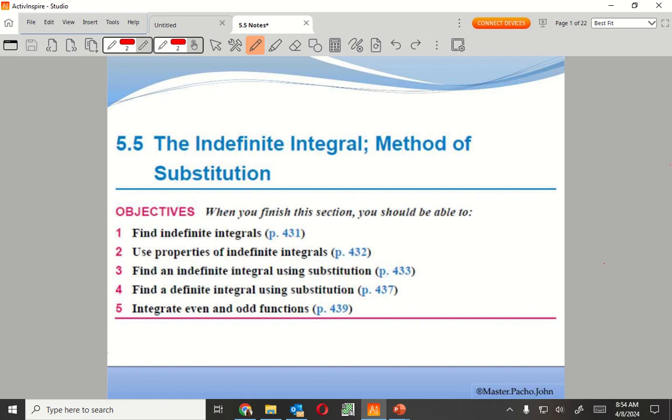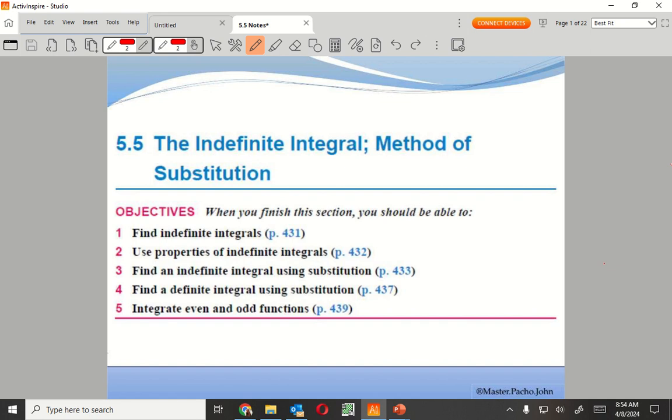So we're gonna go through indefinite integrals and the method of substitution. Some of the stuff is actually going to be the key to answering a lot of the harder, more difficult questions.